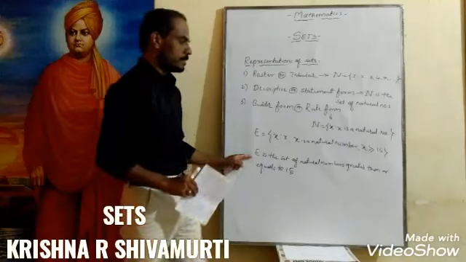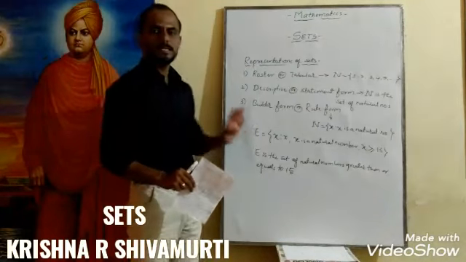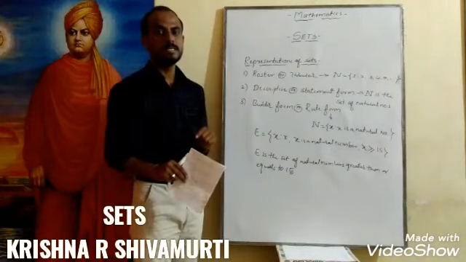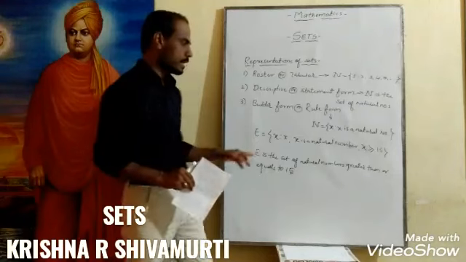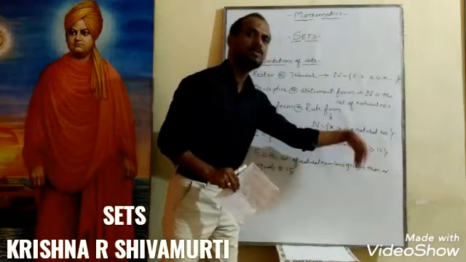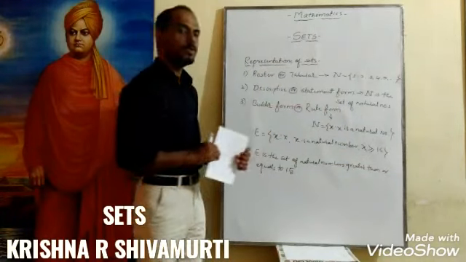See, both are the same representation, the same example, but the method of representation is different. In the builder form, x is a natural number, but x is greater than or equal to 50.